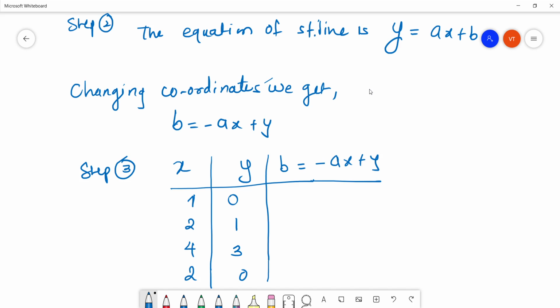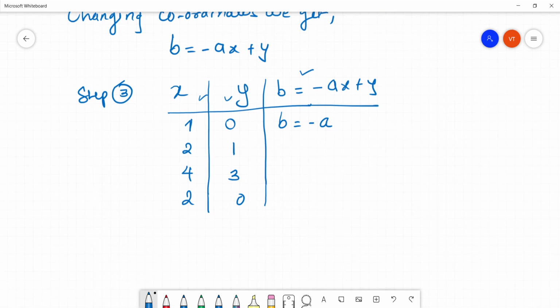So substitute these values of x and y in this, and I'll get b equal to minus a, right? Then what will I get for b? x is 2, so b equal to minus 2a plus 1. Here b equal to minus 4a plus 3 and b equal to 2a.